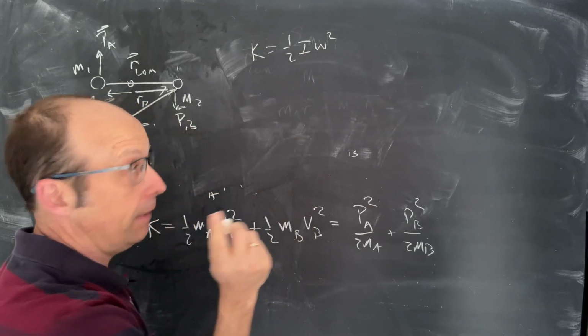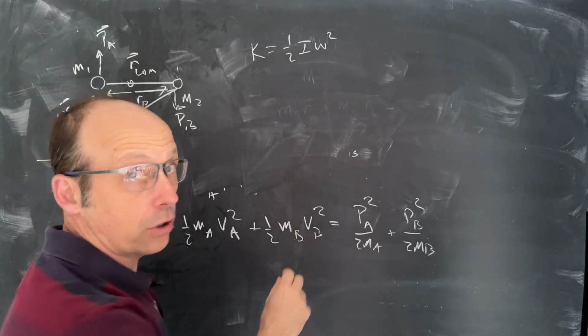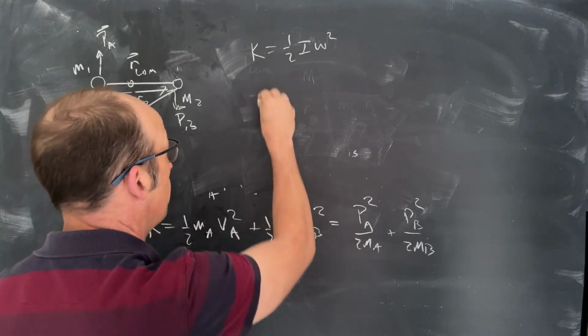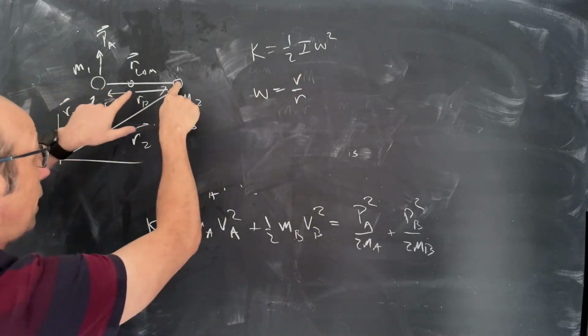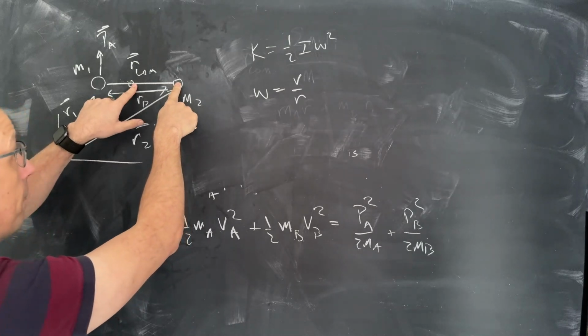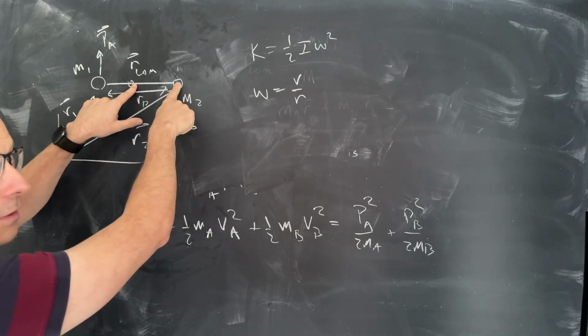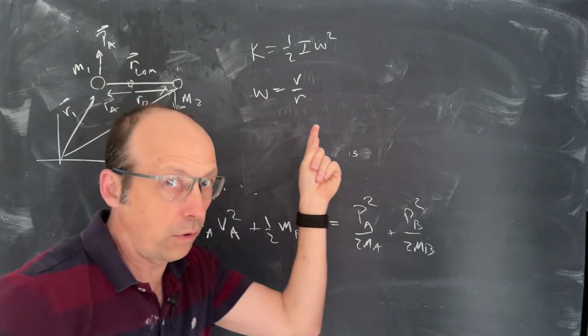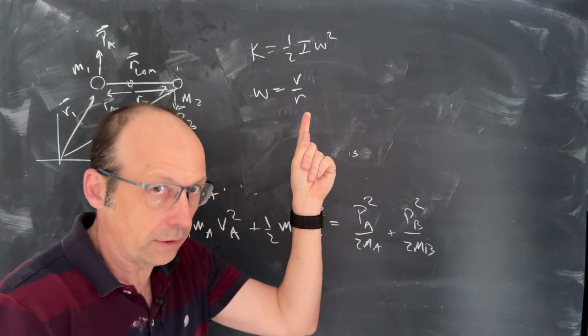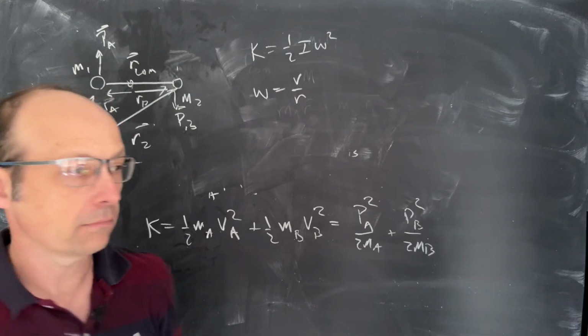We have to find that. I is the moment of inertia about a fixed axis. We have to find that too. So omega is just going to be V over R, right? So I can take the velocity of this one and divide by its radius, the distance from the point of rotation. Now, this works only in a certain situation. You can't always do that. You're going to see later that we can't do this.